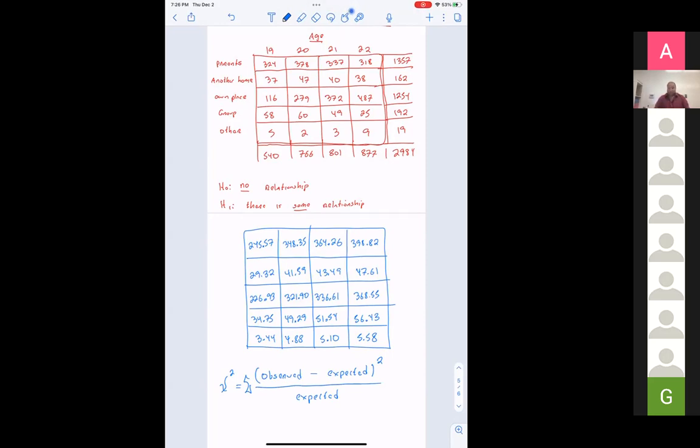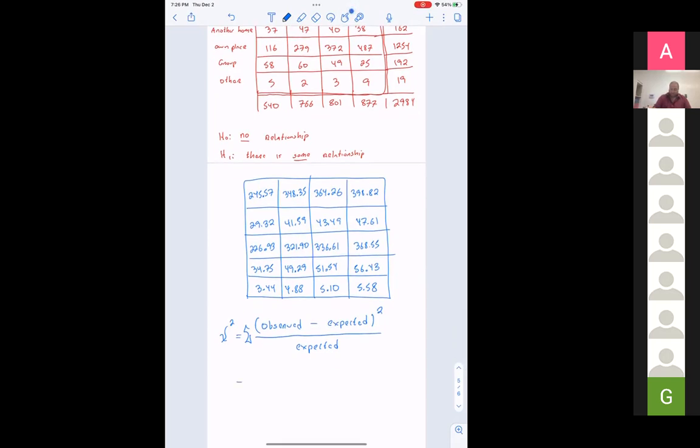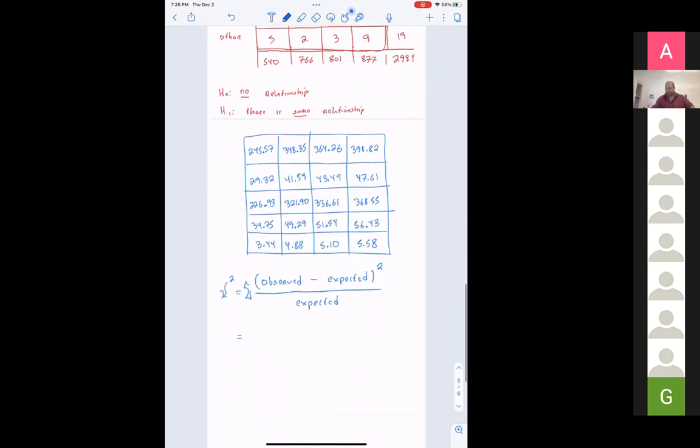324. What's the corresponding expected value? 245.57. So we're going to subtract them, square that, and then divide by 245.57. I use the actual full decimal for full accuracy. But you go ahead and do it. Tell me what you get, approximately at least.